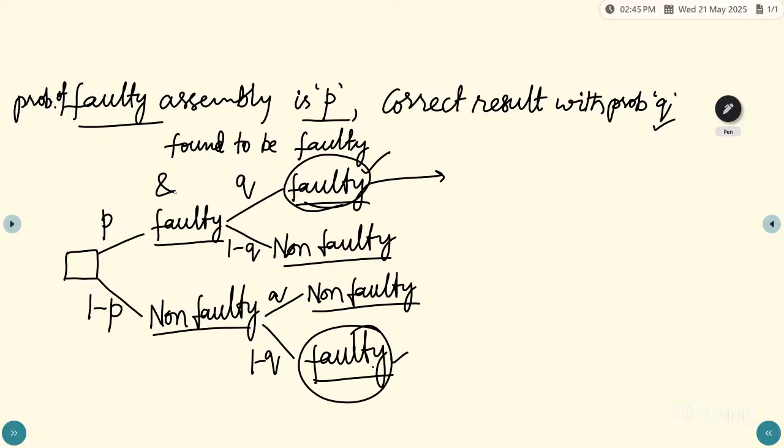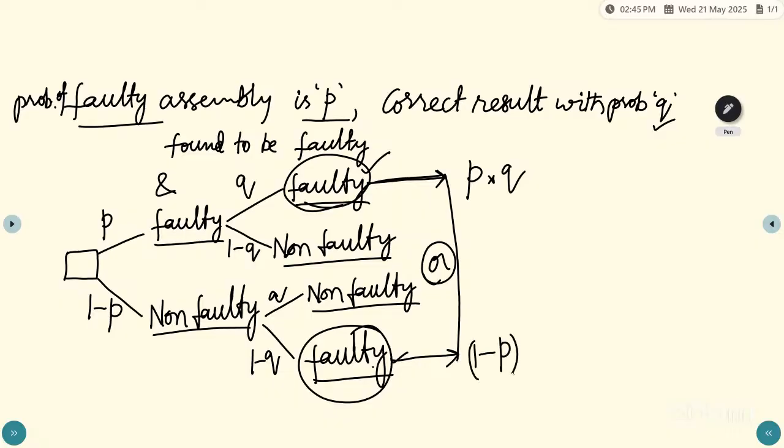So for this faulty item, your probability is P and Q, assembling and testing. Or you may get this one, with 1 minus P into 1 minus Q.